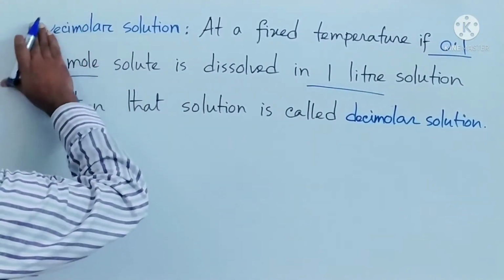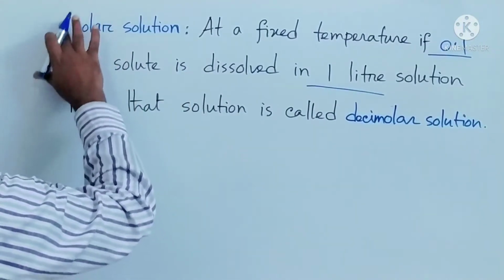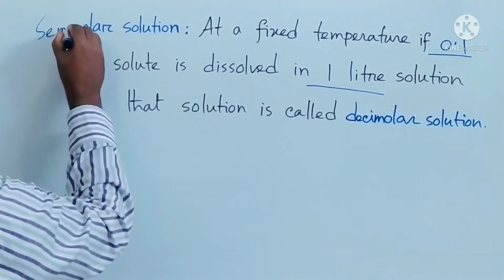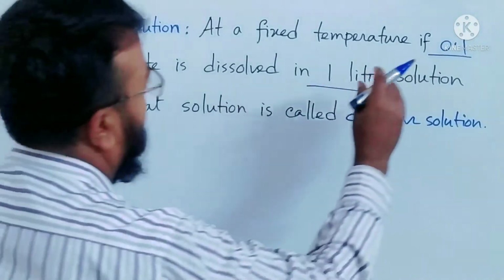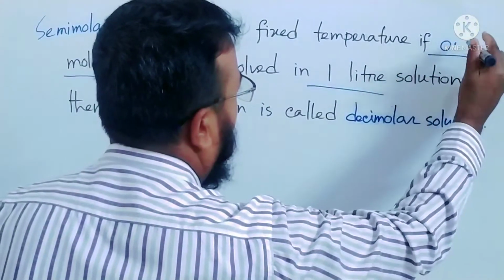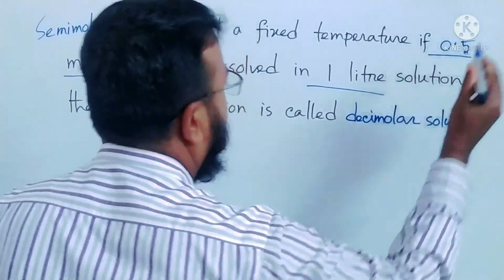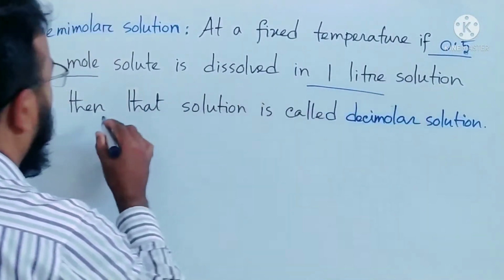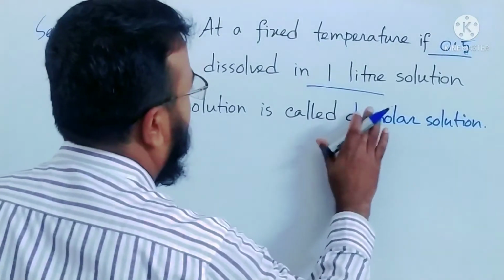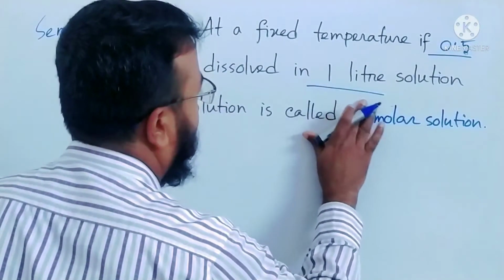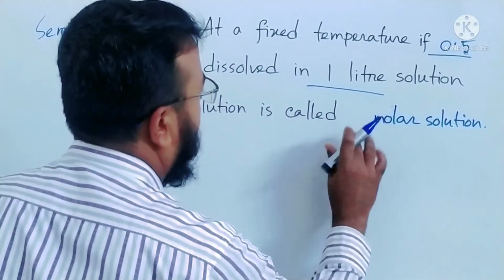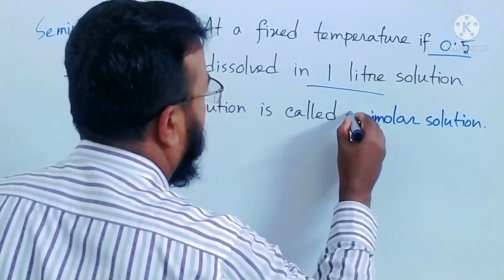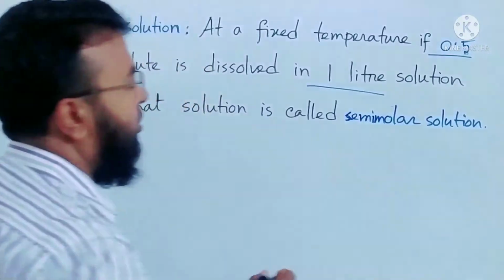I can write semimolar solution also like this. Semimolar solution. So now instead of 0.1 it will be 0.5. If 0.5 mole solute is dissolved in 1 liter solution, then that solution is called semimolar solution.